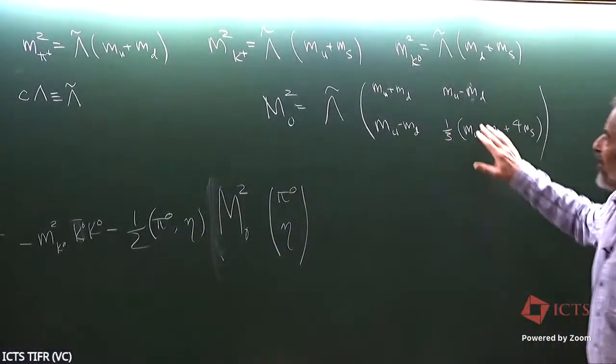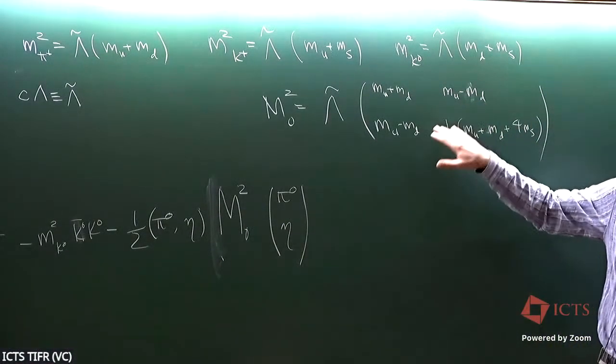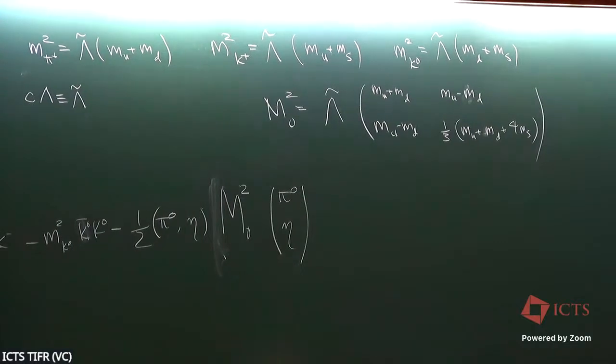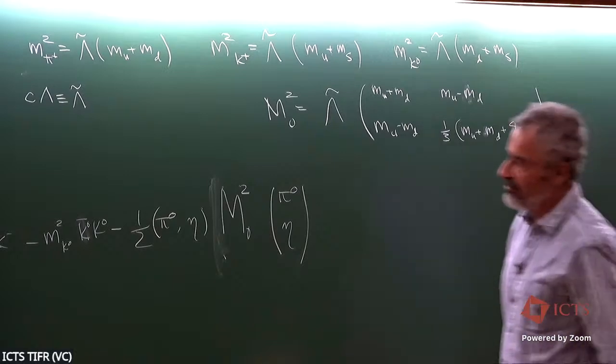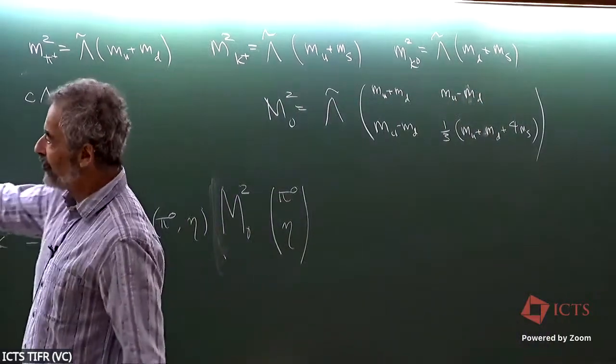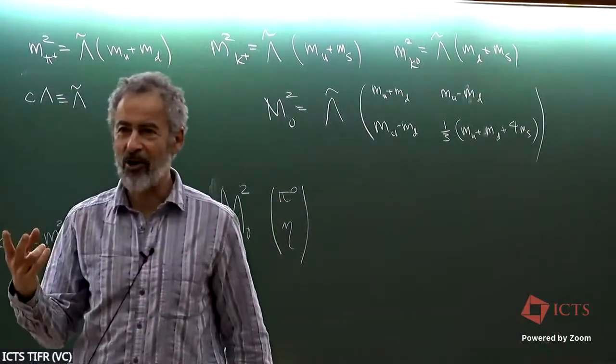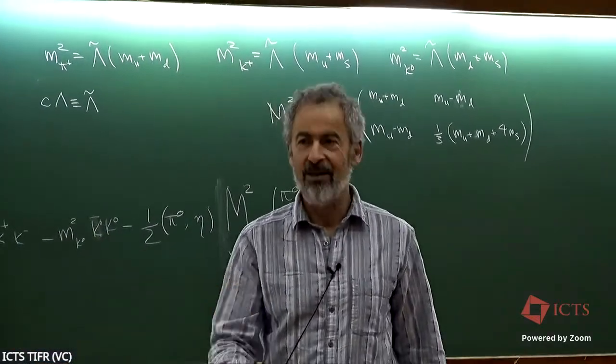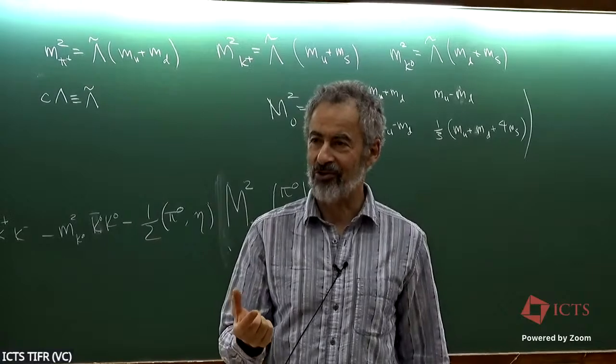Can anyone tell me why the off-diagonal term here is a function of mu minus md? Or why does it vanish when mu equals md? Isospin, exactly. There are two main contributions to breaking of isospin: the difference between the up and down quark mass and the difference in the electric charges of the two quarks.